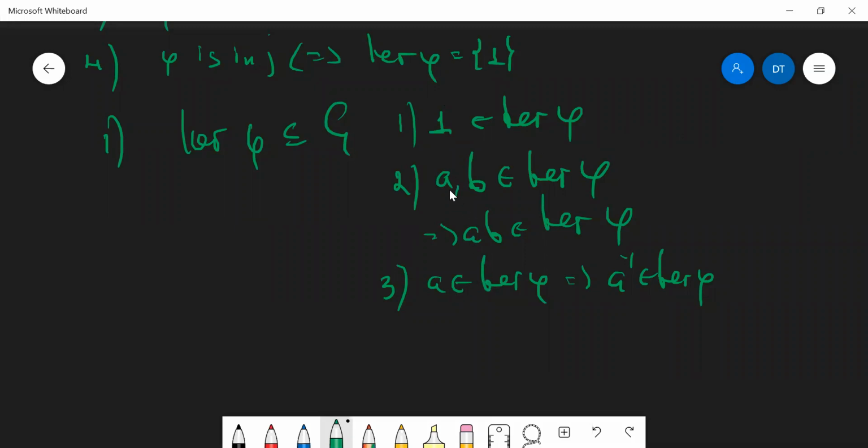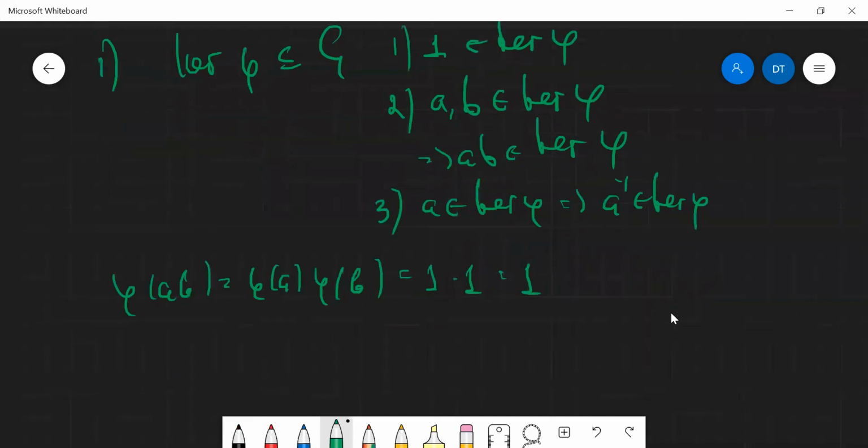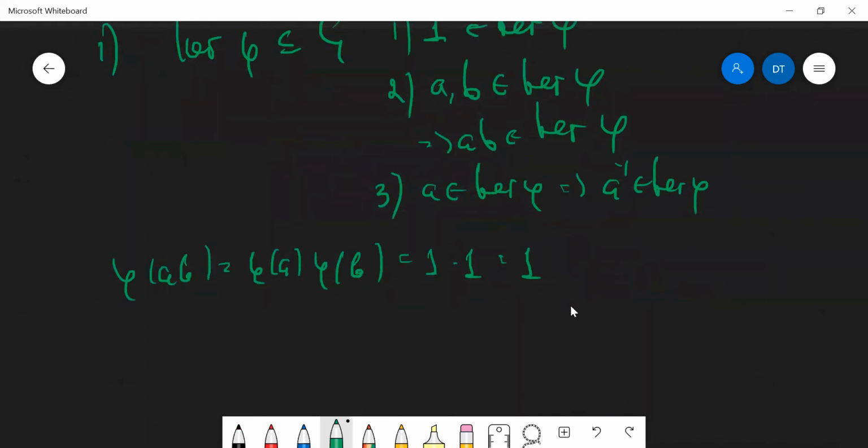The second one: we know that each element A and B goes to the identity element, and we want to prove that their product goes to the identity element. Since phi is a homomorphism, phi of AB is phi of A times phi of B. Since each of these is 1, the result is also 1. So that's why we preserve the product.